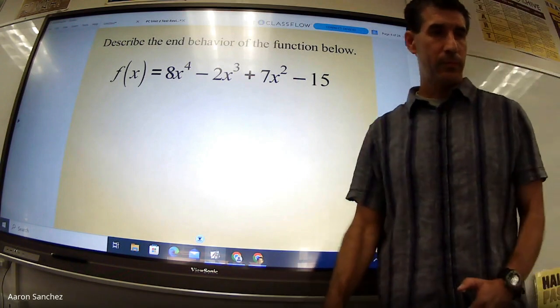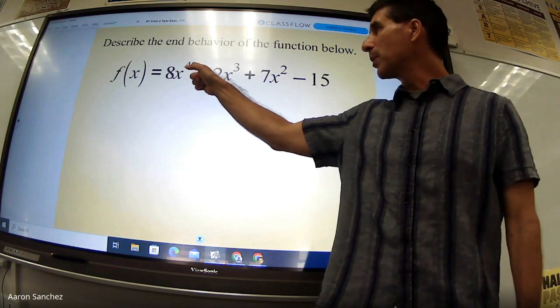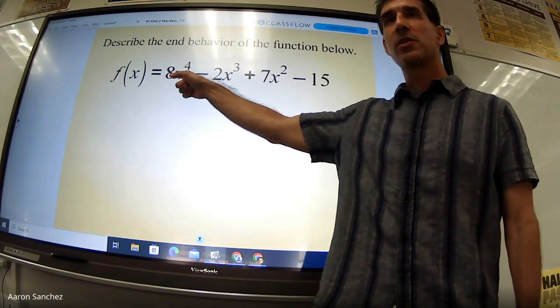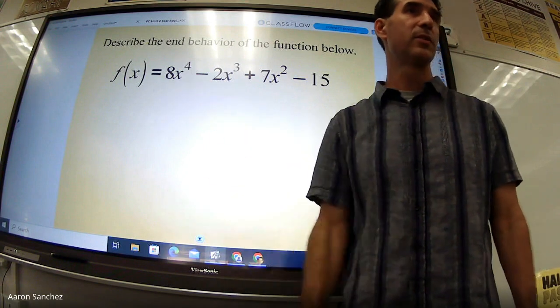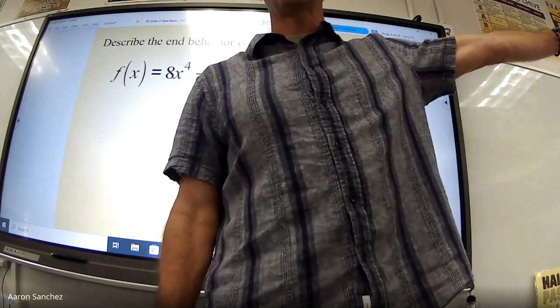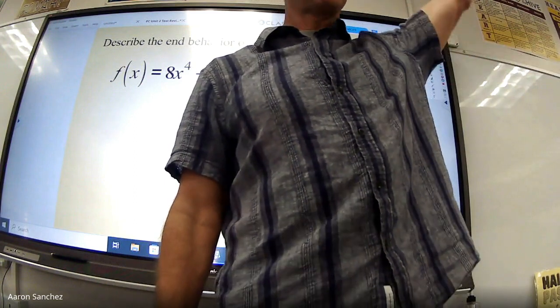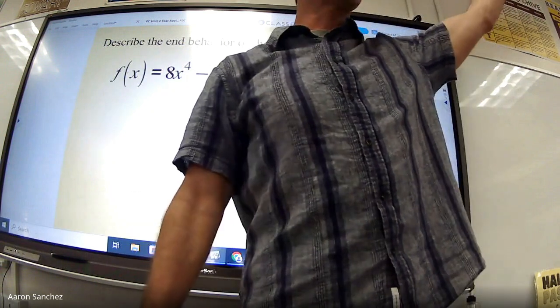So you want to look at the biggest exponent and then look at the sign in front of the coefficient. Is this positive or negative? Positive. So that means this hand is going to do what? Up or down? Up, right? And then the biggest exponent is even.